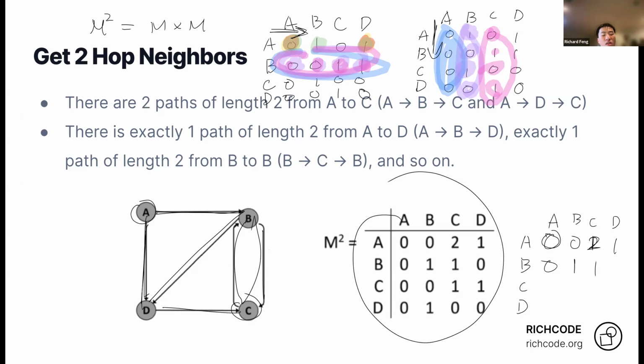Yeah, and this is a concept that you'll learn in higher level algebra.